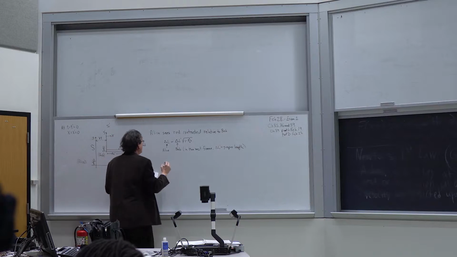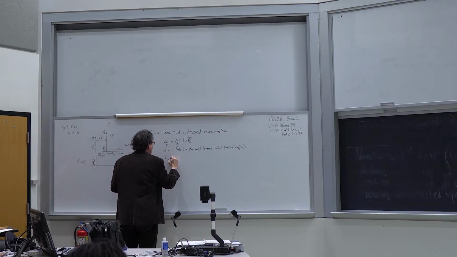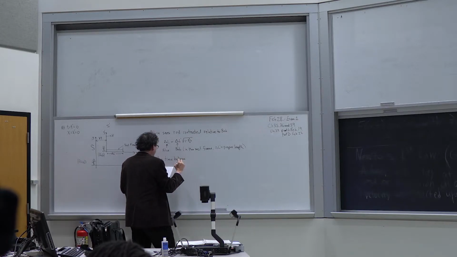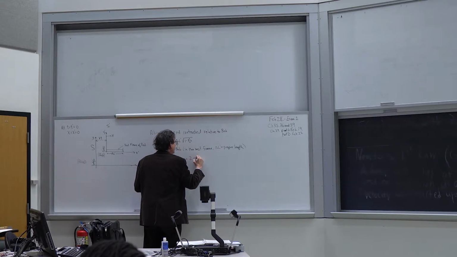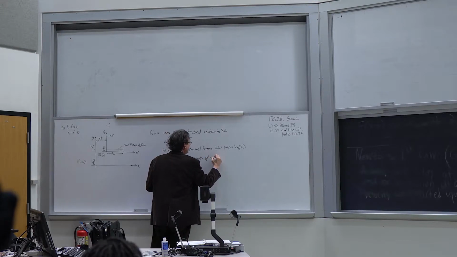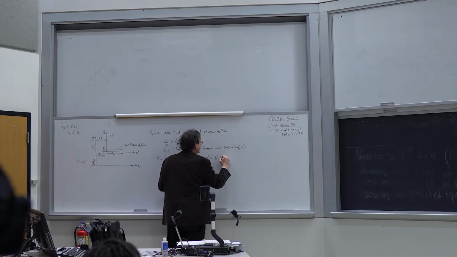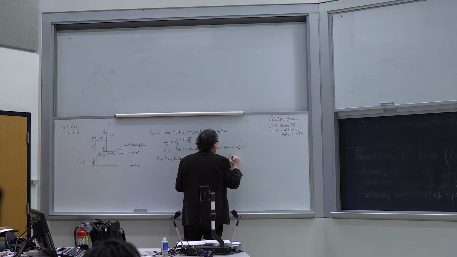And similarly, the time between two events gets dilated or increased for Alice relative to Bob.